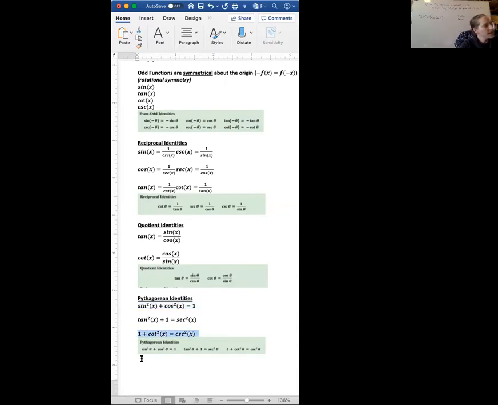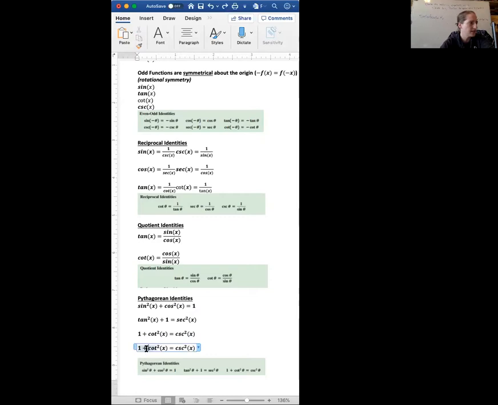The Pythagorean identity that we have is 1 plus cotangent squared equals cosecant squared. But notice that if I just subtract 1 from both sides of this identity, that changes this to say cotangent squared equals cosecant squared minus 1.